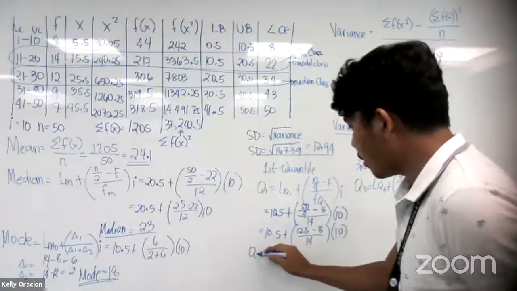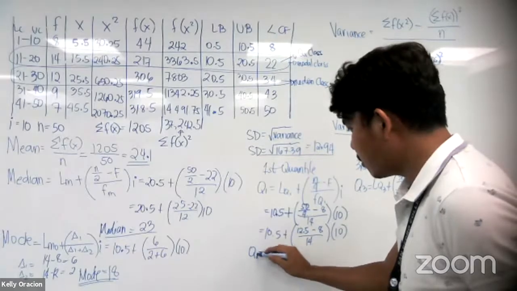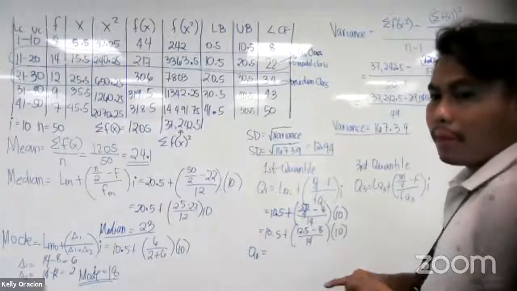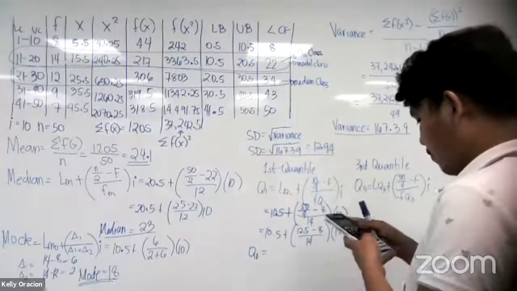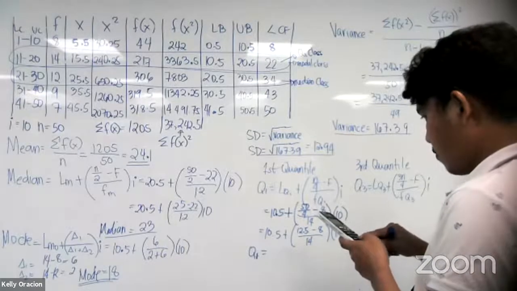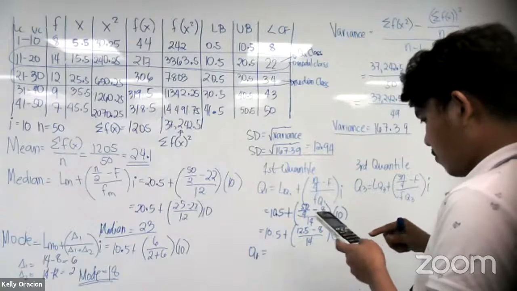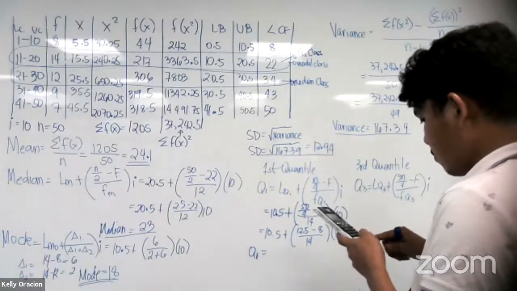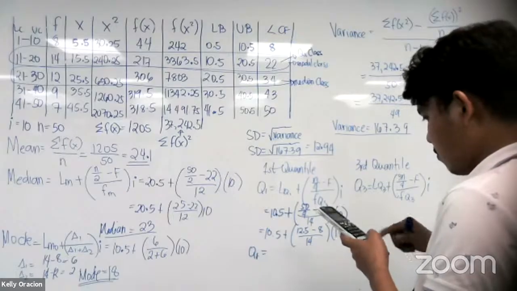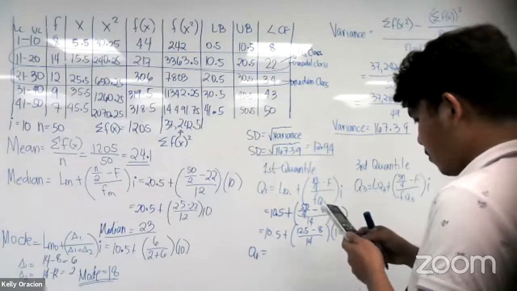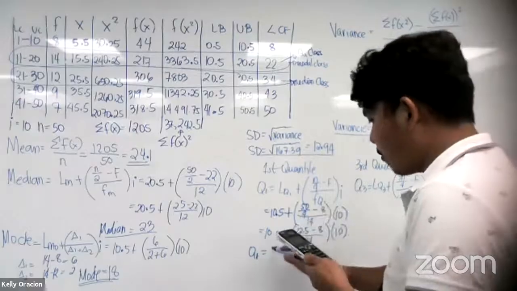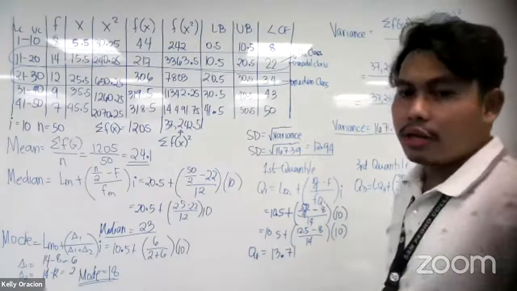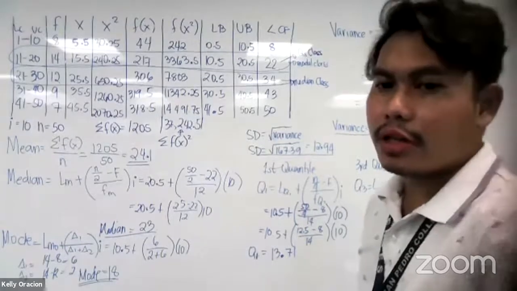So the Q1 here, the first quantile we have, let's solve. The first quantile is 13.71.